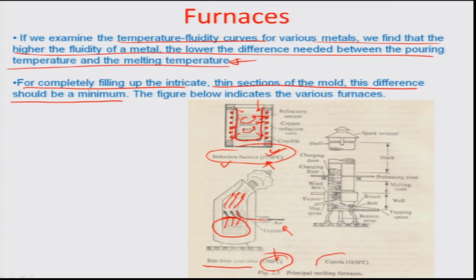There is this famous cupola furnace which can go up to slightly lower, about 1650 degrees Celsius or so temperature. You can see this is the orientation of a cupola furnace. So, this right here is the melting zone, for example, and again the tuyeres are able to send hot air throughout this melt, where there is a slightly impure form of iron also which can be loaded and slag can be extracted.